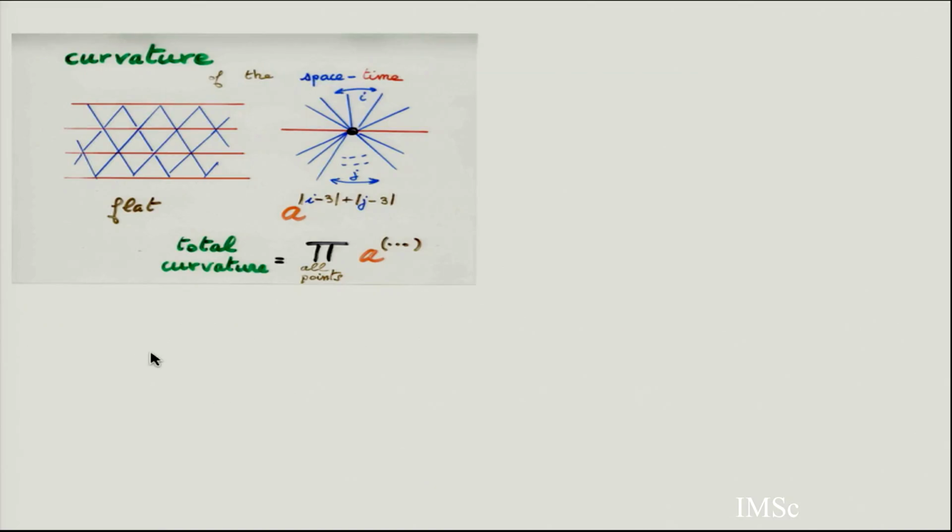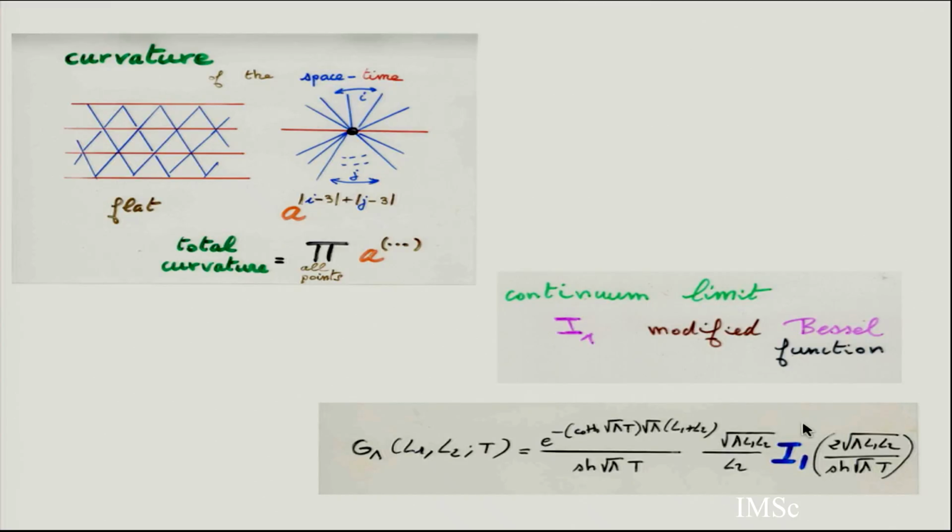Also, we have seen defining the curvature of the two-dimensional space-time as a number of triangles above 3 here and above 3 here. What I did not say last time is that in the paper by the physicists, they take what they call the continuum limit of all this generating function, and the continuum limit gives you the modified Bessel function I1. So the Bessel function also appears in the 2D quantum gravity.